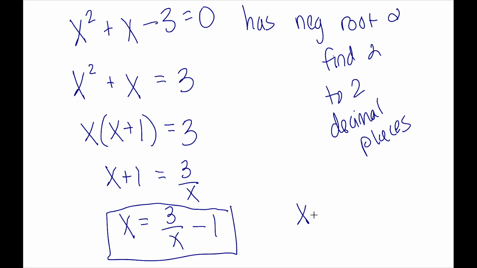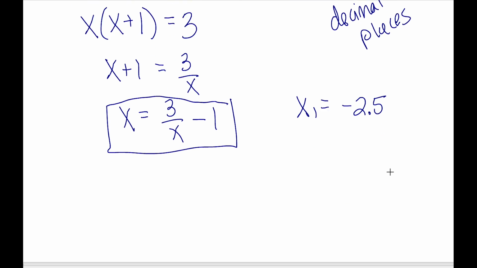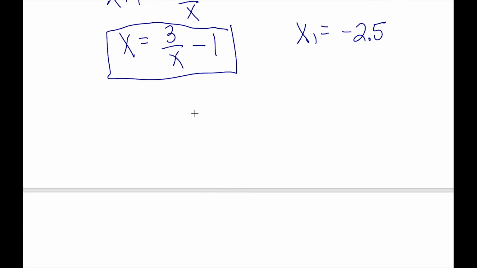It also tells me I should start with negative 2.5. Store that in your calculator. Type in your equation, 3 over x minus 1, and I got negative 2.2. Just going to keep storing. Selecting my original equation.